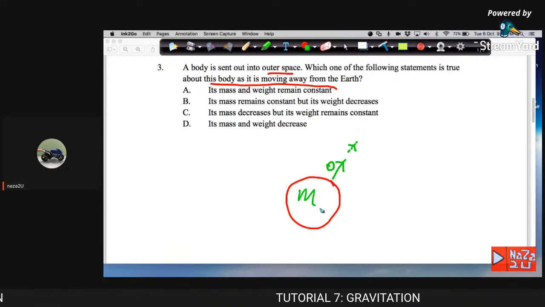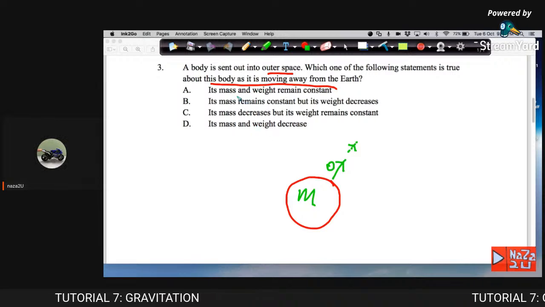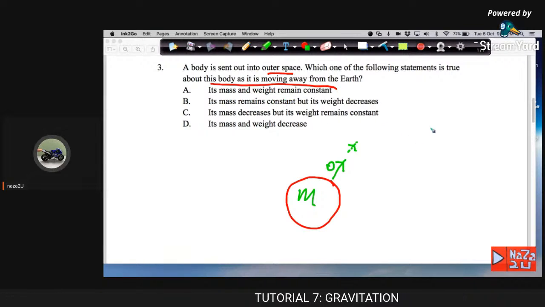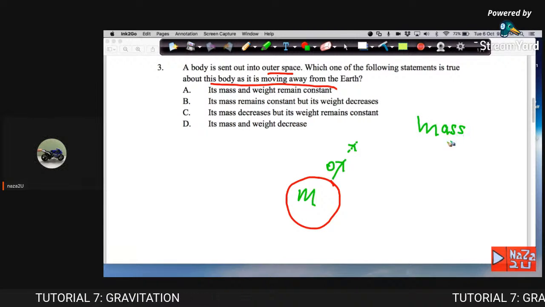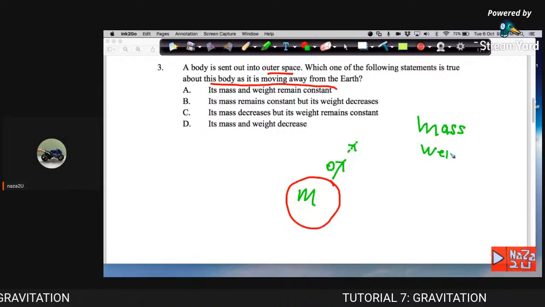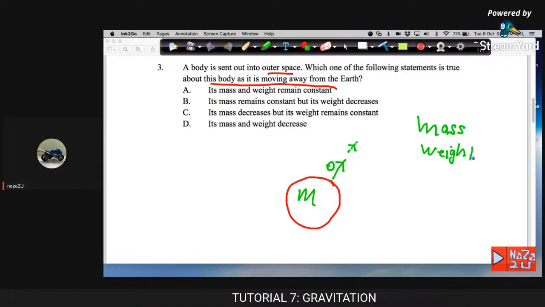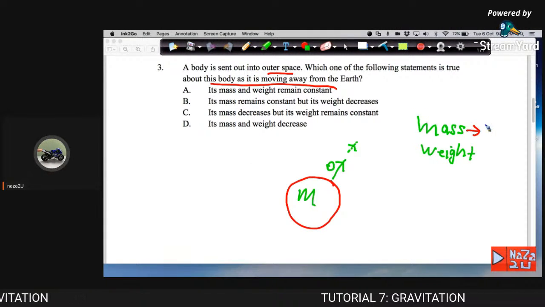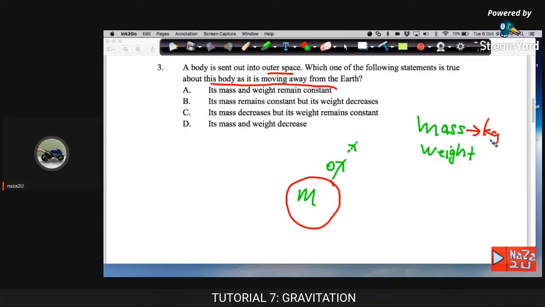So kita tahu, okay, question answer number A, its mass and weight remain constant. So di sini dia ada kaitan di antara dua item, mass and weight. So apa beza dia? So kalau mass jelas, if look at the basic quantity, mass is unit kilogram. This is quantity jirim.